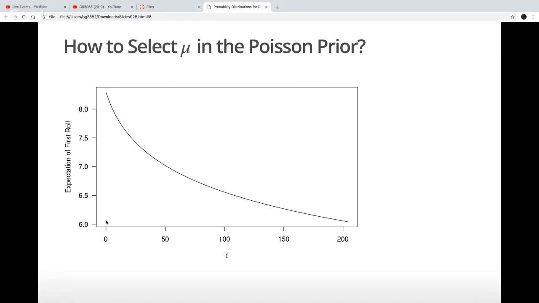You can see when upsilon is 0, the expectation is about 8.5. As upsilon gets bigger, the expectation for the first roll of a frame of bowling gets smaller. So we can interpret upsilon as a parameter that captures how uncoordinated a person is at bowling.